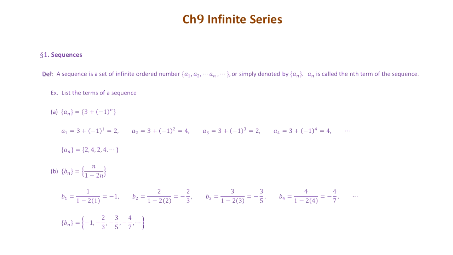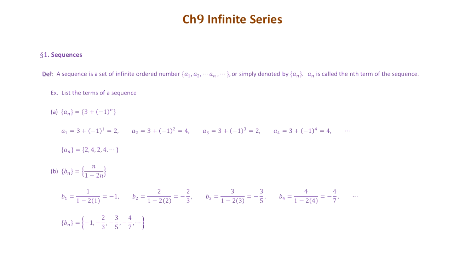For a4, you plug in 4 for n. You get (-1) to the fourth, which is positive 1, so 3 plus 1 is 4. The fourth number in the sequence is 4.